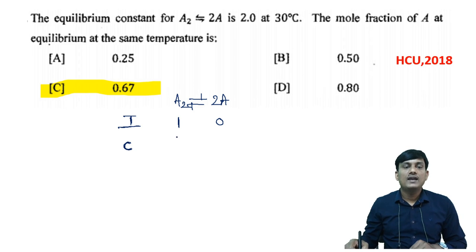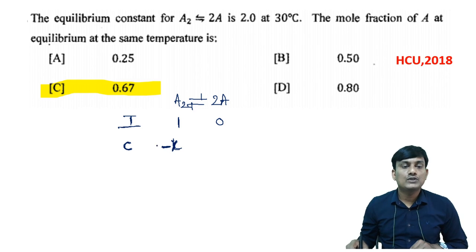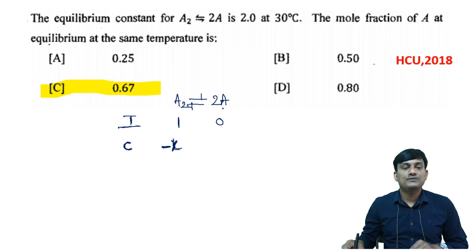Let's take X moles of A2 consumed, so it will be minus X, and there is a formation of 2X moles of A. When 1 mole of A2 is consumed, 2 moles of A will be formed. When X moles of A2 are consumed, 2X moles of A will be formed. So it will be plus 2X.